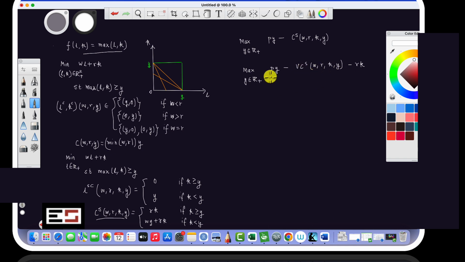The variable cost in the short run is something that you can write like this. It may not depend on k or r, but it's still okay to write it like this. It's completely fine.